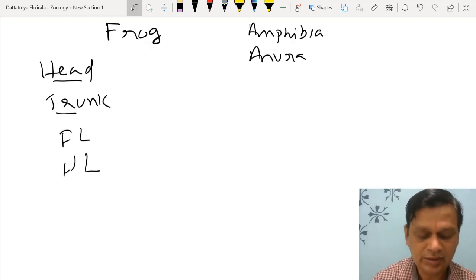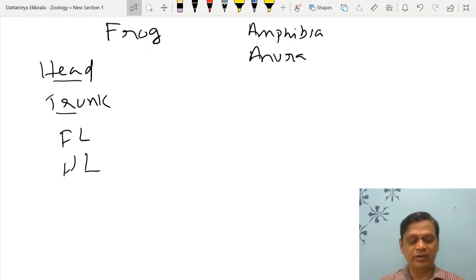Here the body of frog is divided into head and trunk. Head contains various sense organs. Then trunk has forelimbs and hind limbs.